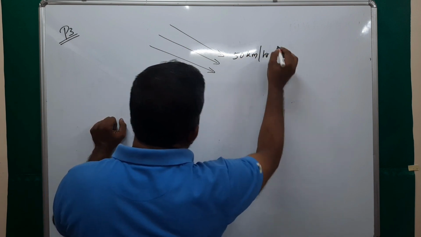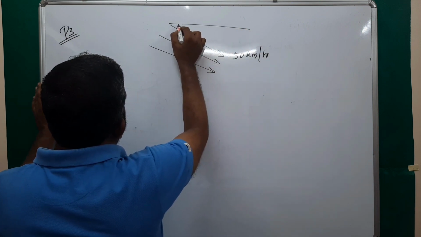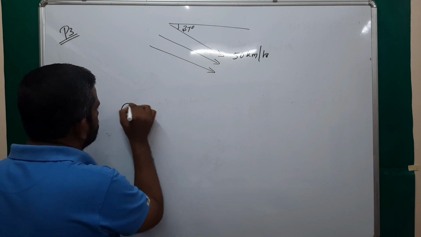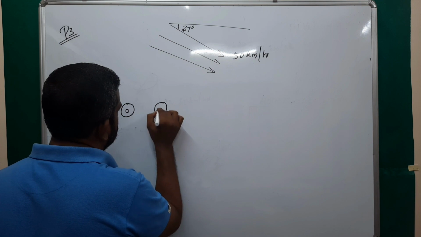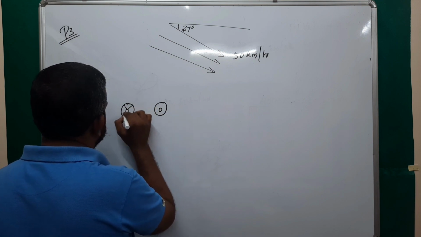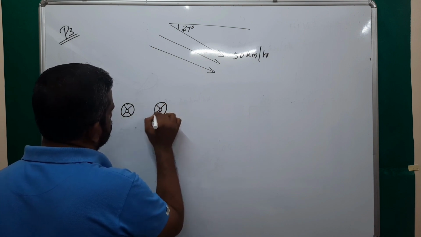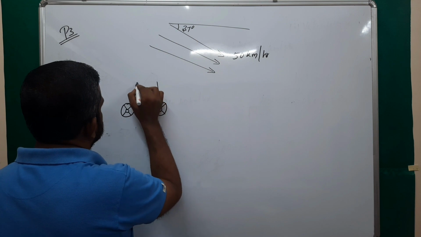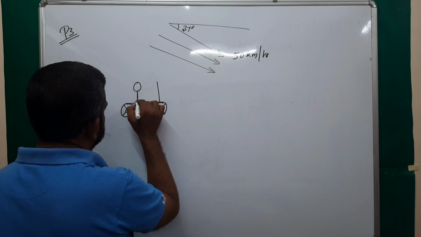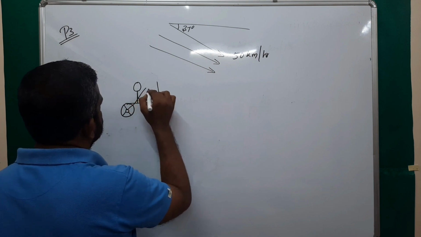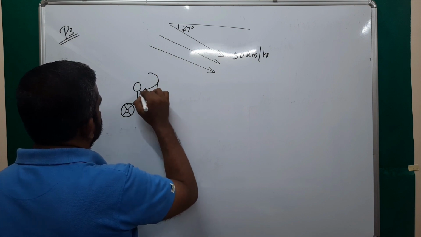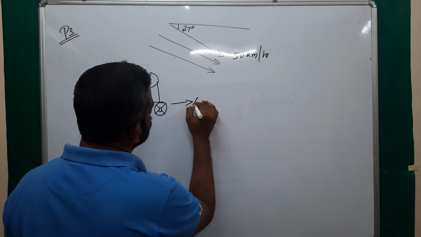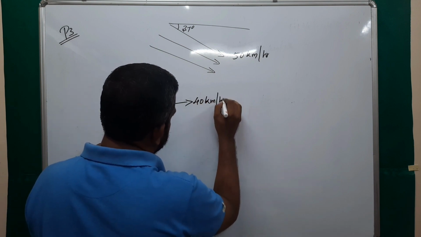A boy is riding the bicycle here with a speed of 40 km per hour. So understand the situation.